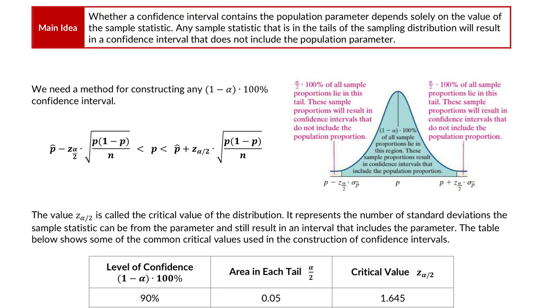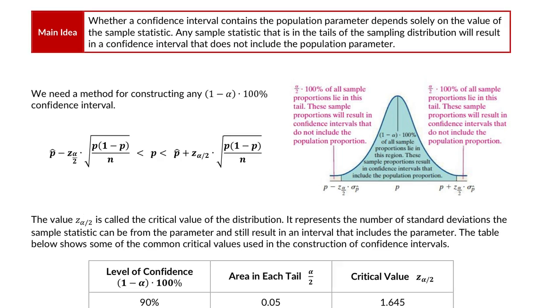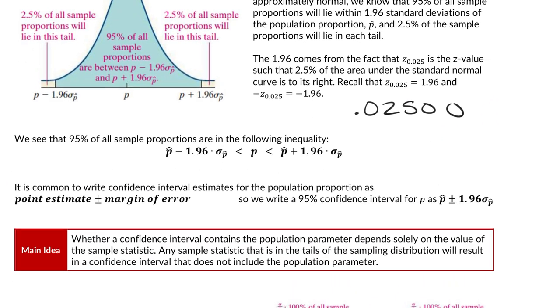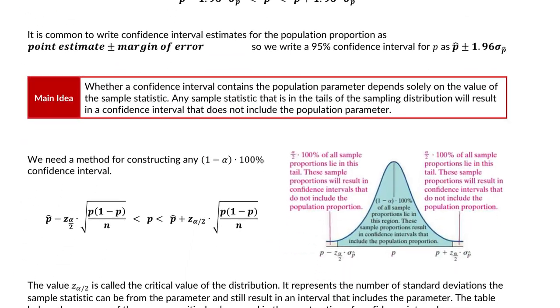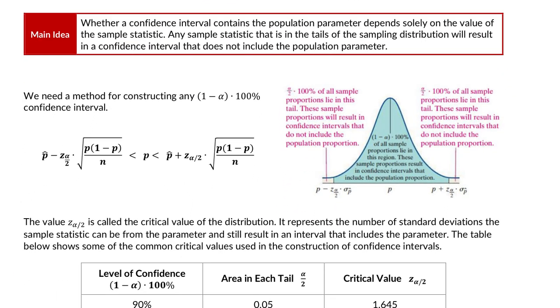Okay, so we need a method for constructing any confidence interval, because the one I have up here for you is just for a 95% confidence interval. So we have this crazy formula right here. You're going to need this. So let's go ahead and put a little cloud around this guy. We are going to find this interval. What you will do is find the following things.